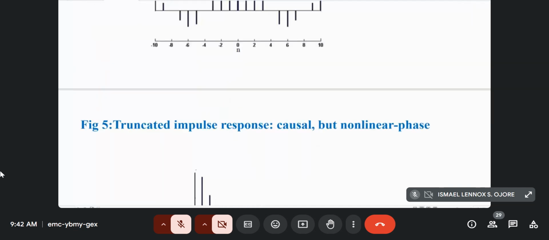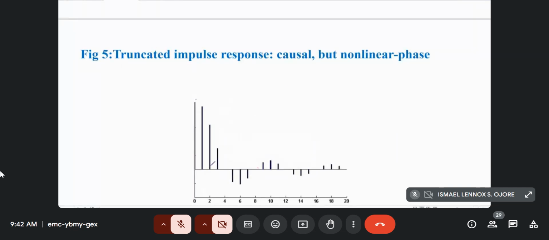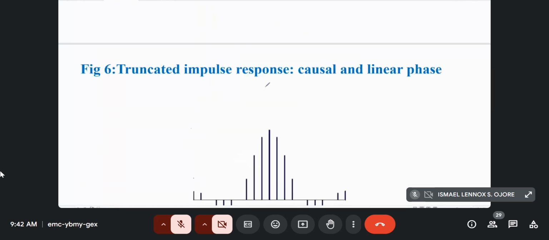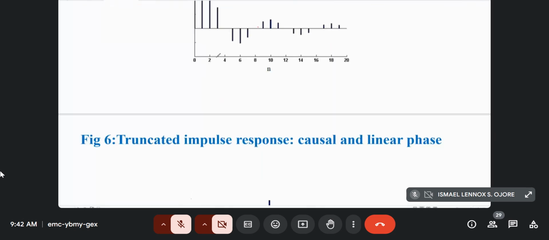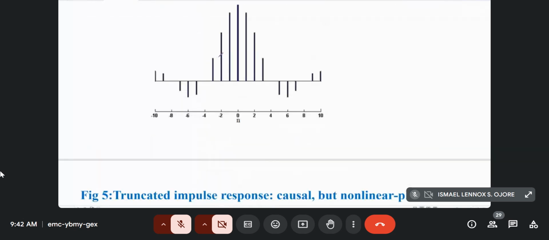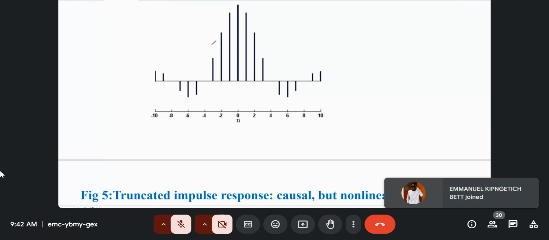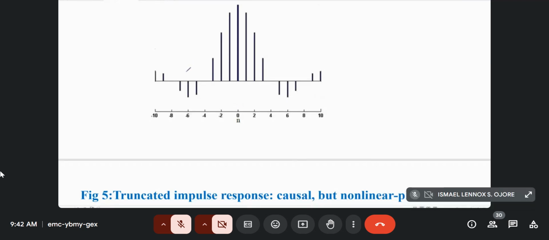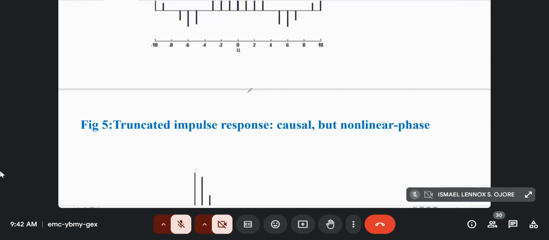We can truncate it first, which is going to make it realizable. But in its form, around here it is actually symmetrical, so it will give a linear phase because of this symmetry. But it's not realizable because it is not causal.